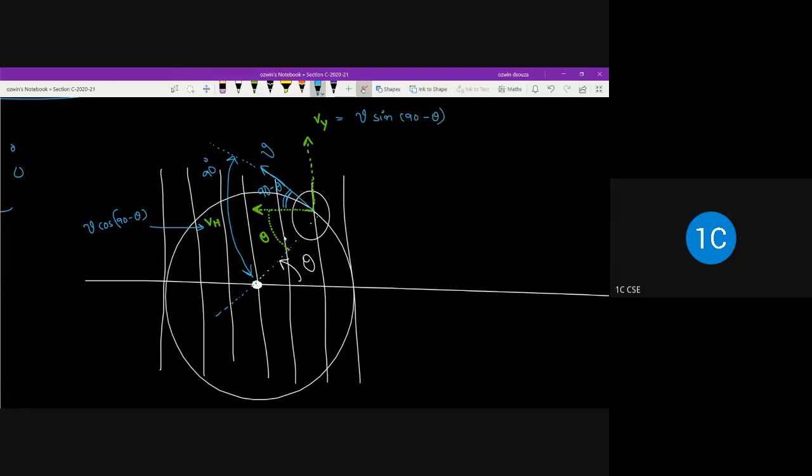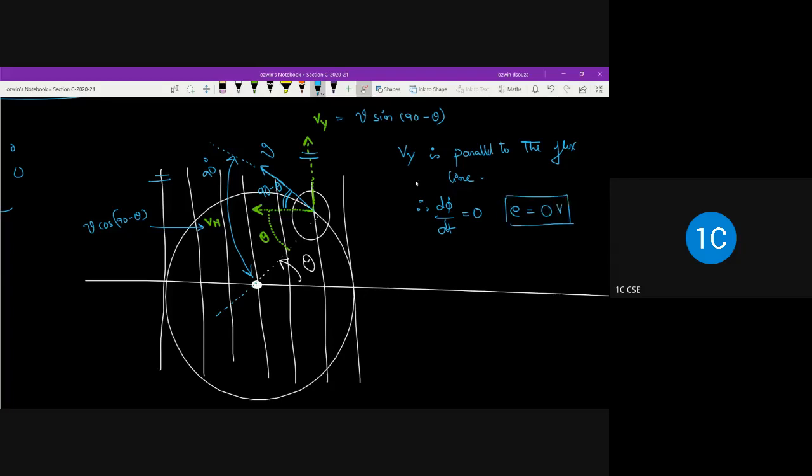Now, you have two components. The question is, are these two components contributing to the EMF induction? If you look at the vertical component, Vy, it is parallel to the flux lines. Therefore, d phi by dt is 0, due to which E is equal to 0 volts.